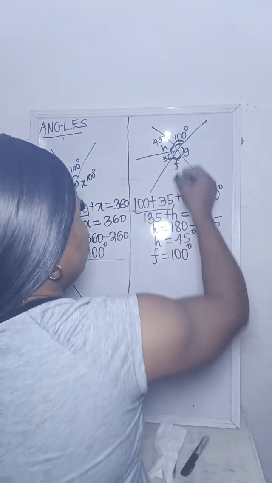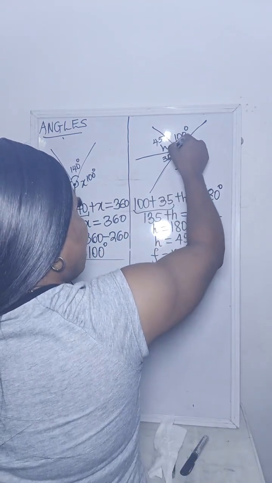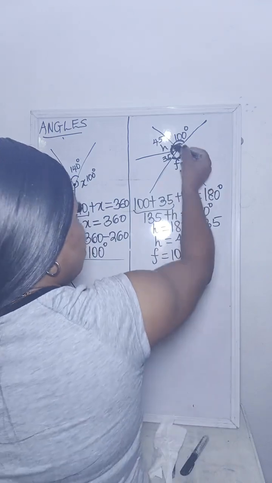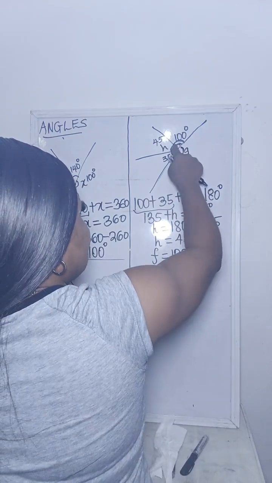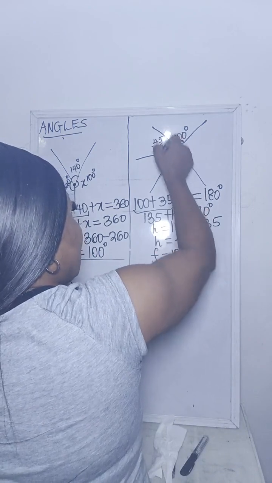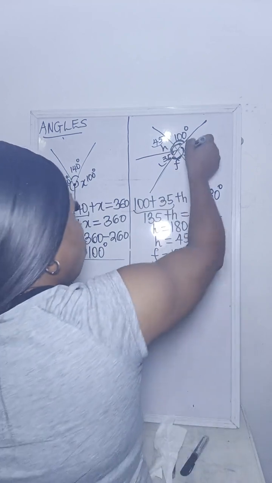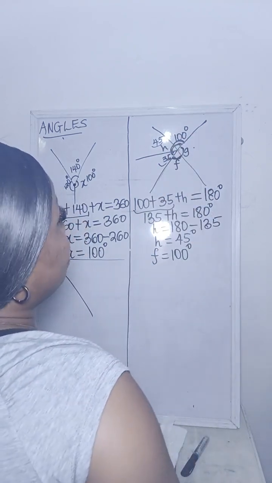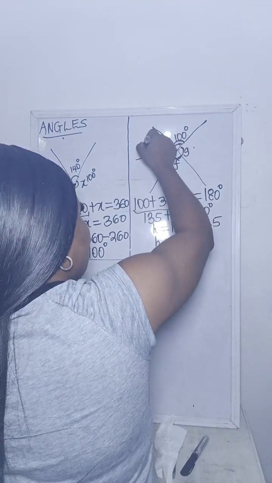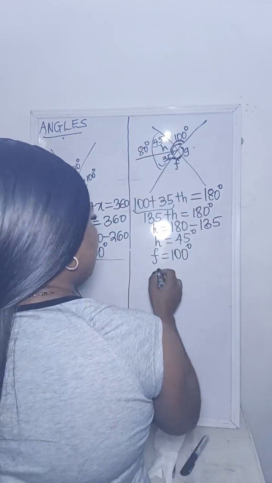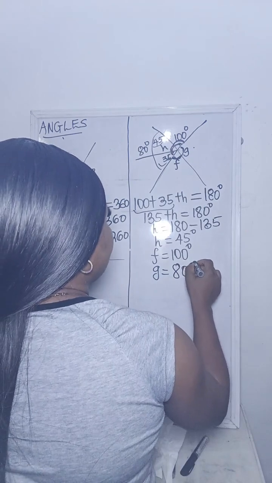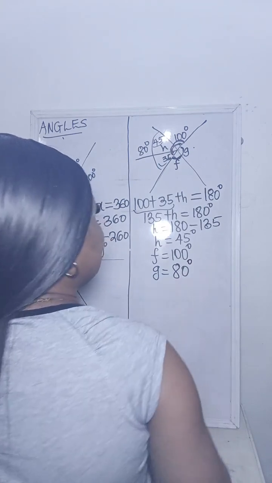Now you would also notice that these two angles are facing the angle G. These two angles right here are facing the angle G. So it means that the sum of 45 and 35 equals G. 45 and 35 will give us 80 degrees. So G equals 80 degrees.